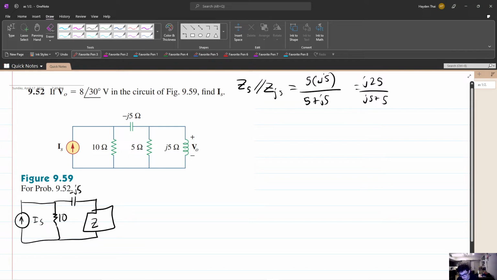I'm just gonna call this Z of the right hand side. Okay. So we know that the voltage drop across this element is going to be 8 angle 30. So what can we do?